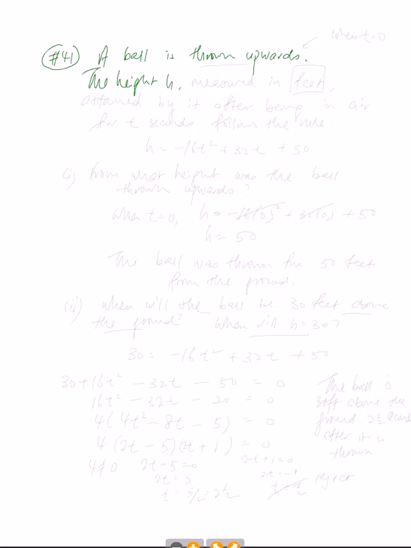The height h, measured in feet, attained by the ball after being in the air for t seconds follows the rule h equals negative 16t squared plus 32t plus 50.